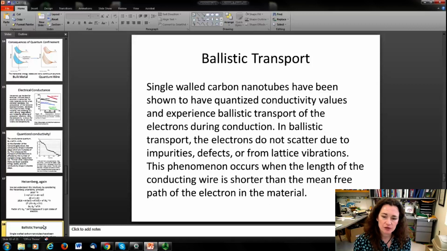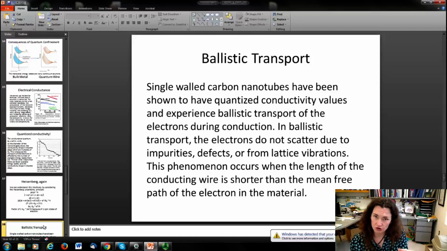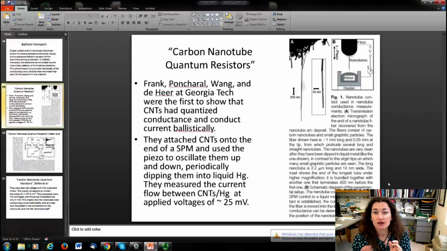This phenomenon has been shown to occur when the length of the conducting wire is shorter than the mean free path of the electron in that material. If your wire is shorter than the distance you would expect the electron to go before it scatters, then there's no scattering, and if there's no scattering, then there's pretty much no resistance. So that's ballistic transport.